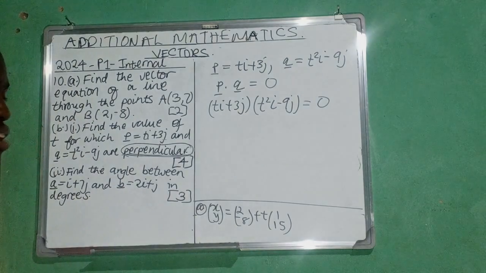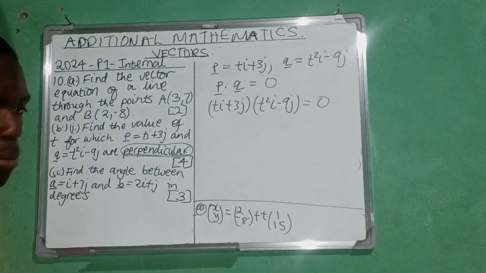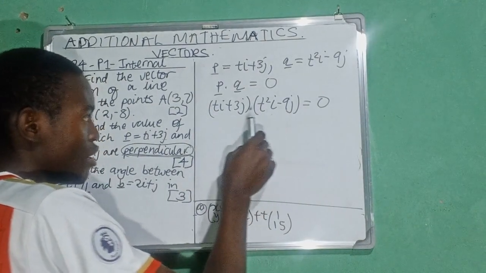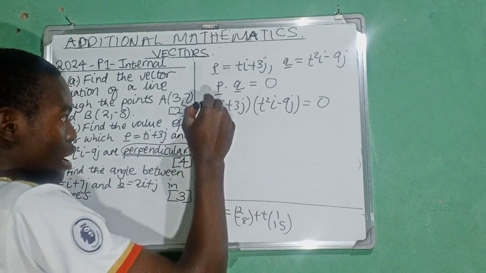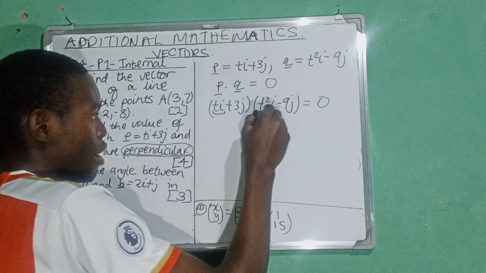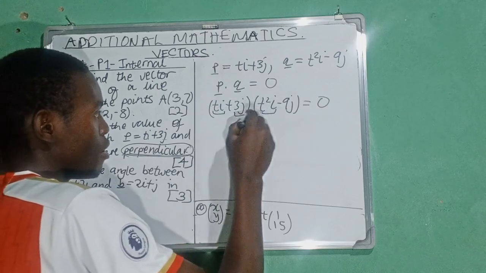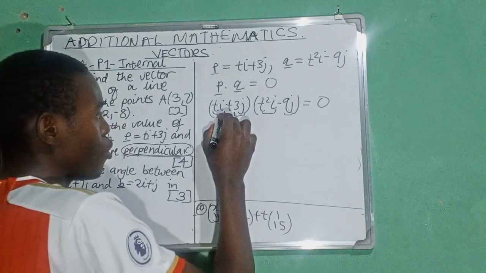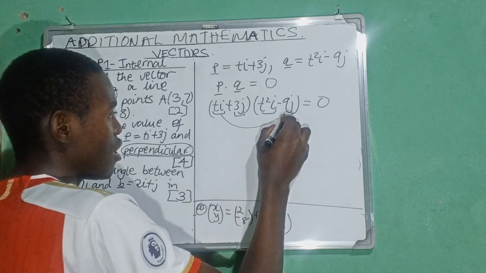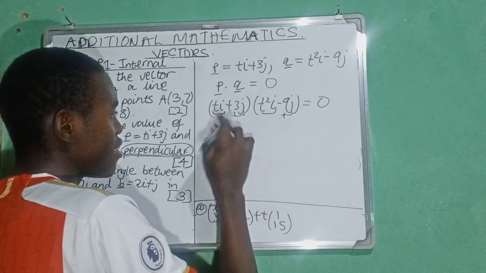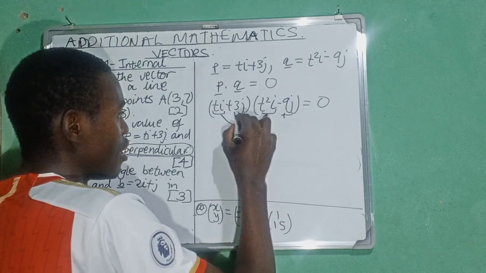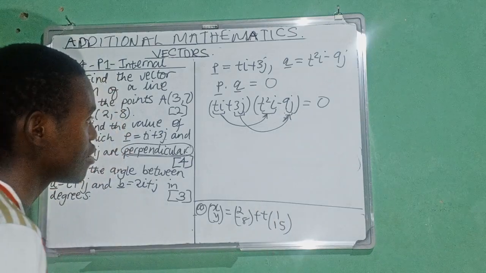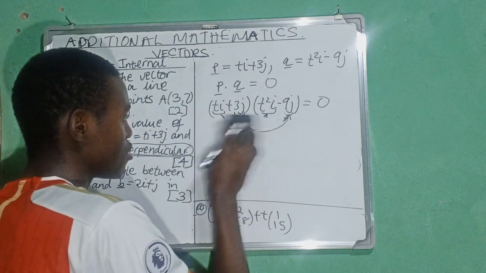When you're multiplying vectors, you only multiply the i component by the i component, and then the j component by the j component. Never go from here to there across; always go like this. Please take note of that.